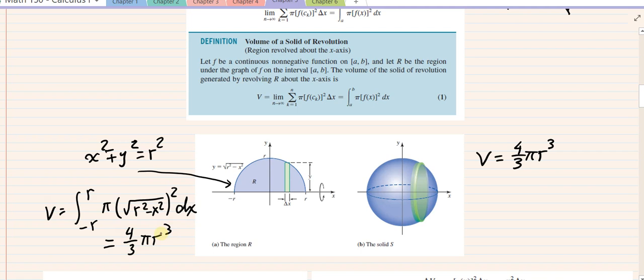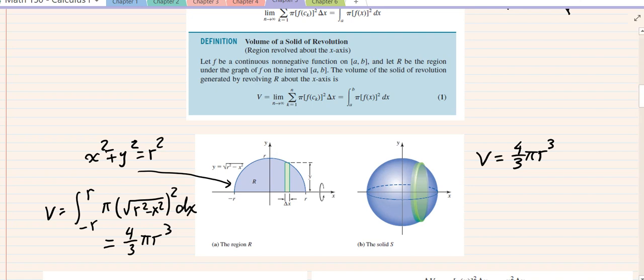You can try it and see that indeed that's what is going to happen. But notice how the solid of revolution is generated. So we're looking at a typical rectangle of width delta x rotated, giving us the solid of revolution in this case.